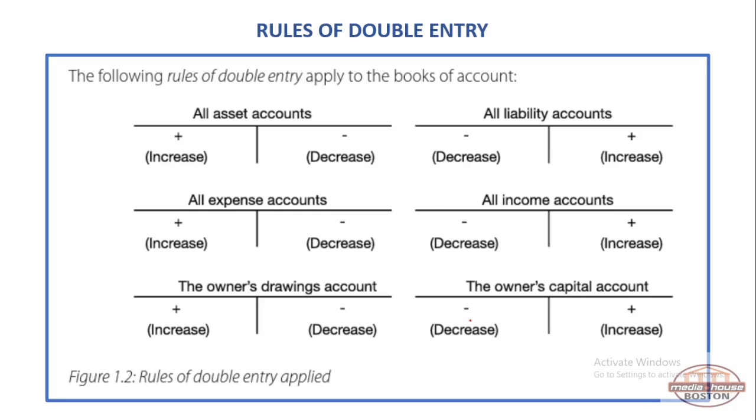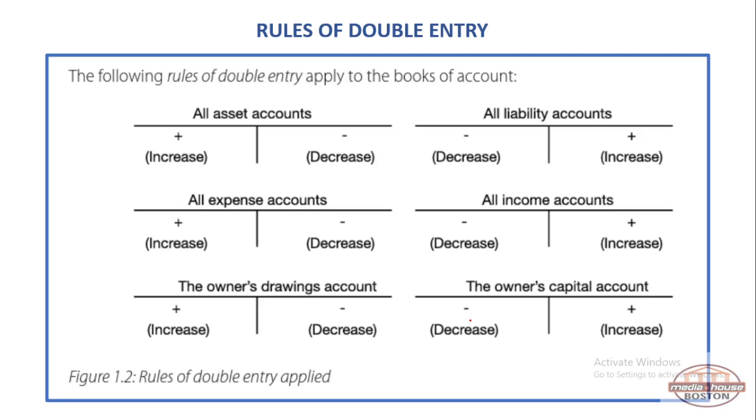And then you also need to be able to identify the two accounts that are affected, and classify the account whether it's an asset, expense, liability, income, or owner's equity account. Then you determine the effect of the transaction, to say is this account increasing or decreasing, and then you record the transaction within your accounting equation, and make sure that it actually balances.